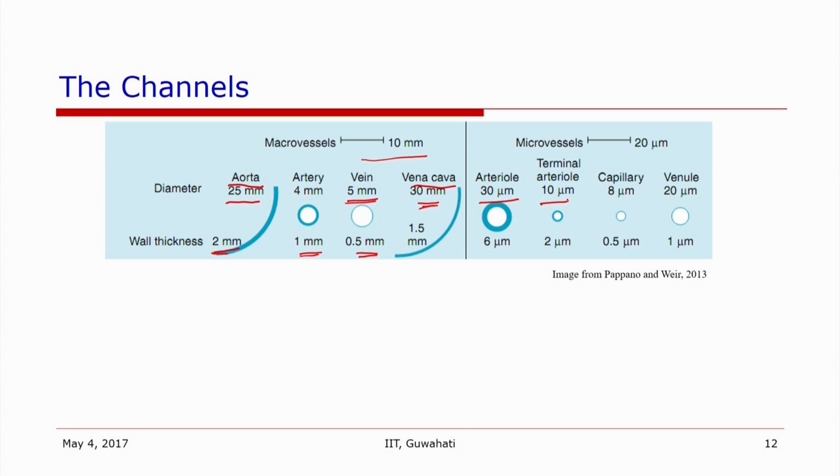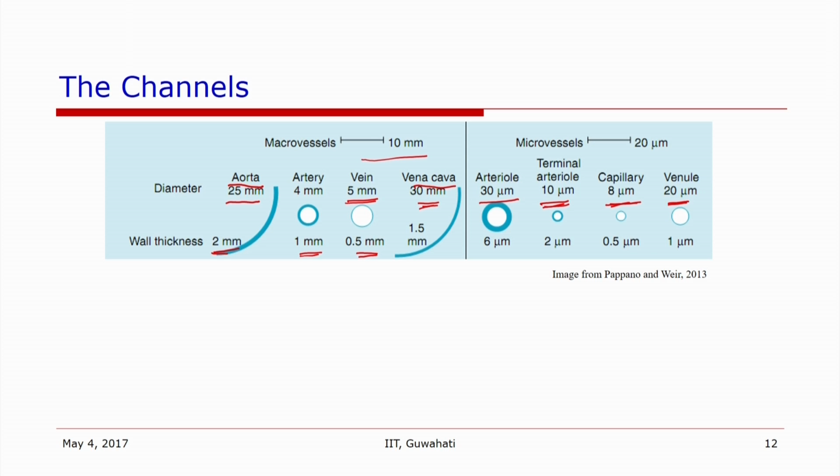So, arteriole is about 30 micron, whereas capillaries are about the size of the red blood cells, and venules are slightly larger than the capillaries. The terminal arteriole is the last artery, after which it bifurcates and becomes capillaries.